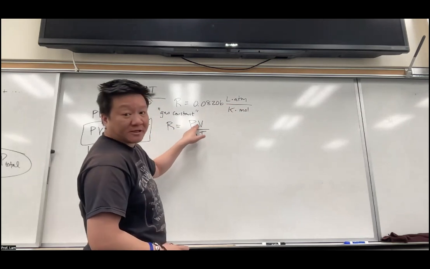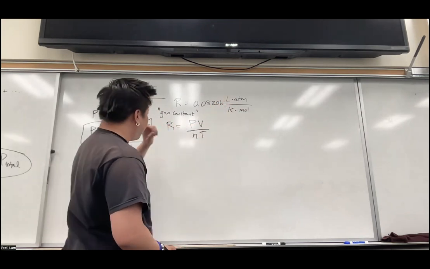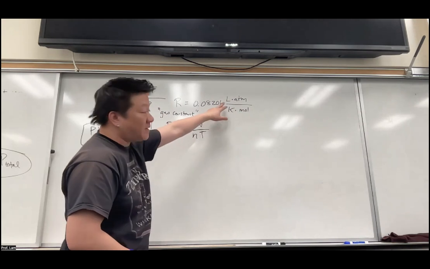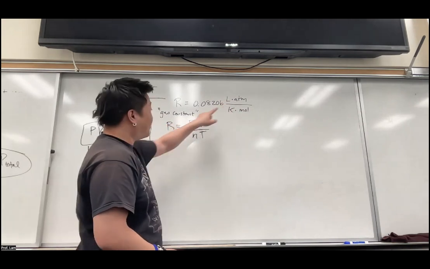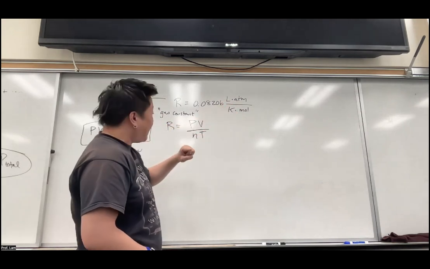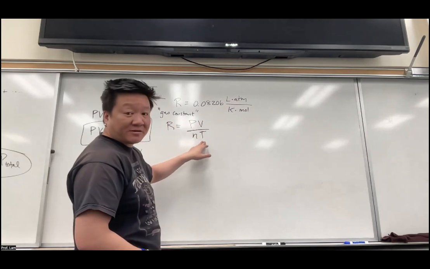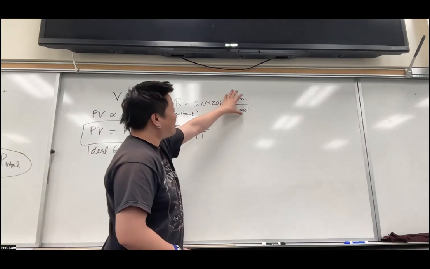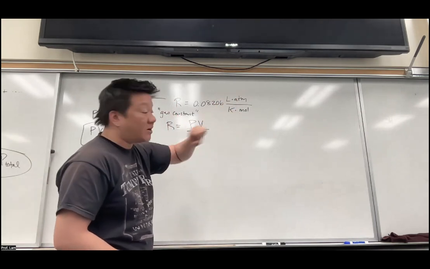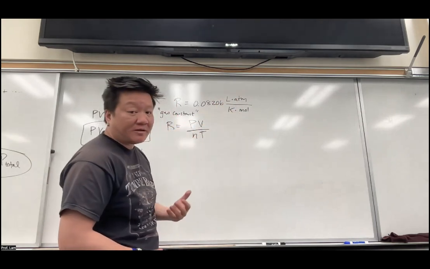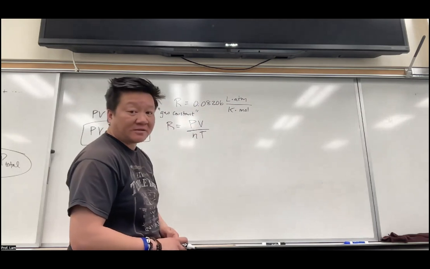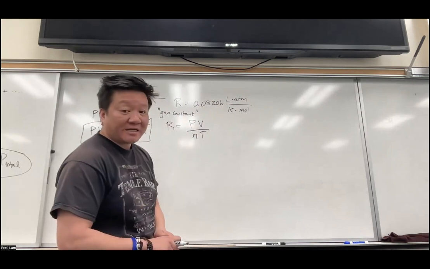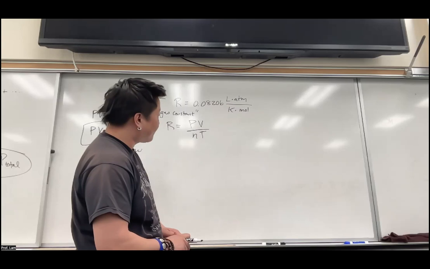Volume is measured in liters. In this kind of equation, you want to keep volume in liters. The pressure must be in atm, and the temperature has to be in Kelvin, that's on the bottom, and then moles. So that's why you want to memorize the units as well as the number associated with it. So again, it's 0.08206 liter atm per K mole.